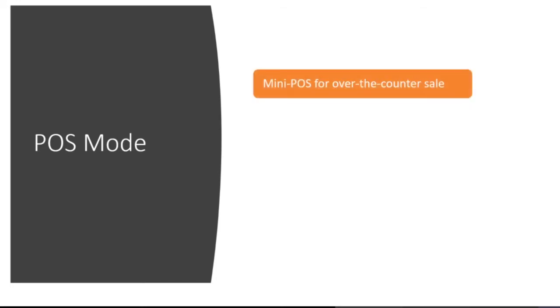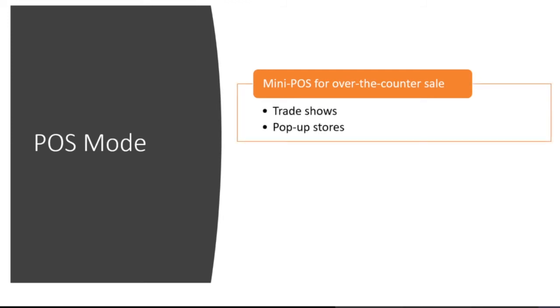And then the third one would be what we call the POS mode. Now, this feature in our mind is not to replace a real full-function POS. It's more like a mini POS for over-the-counter sale.